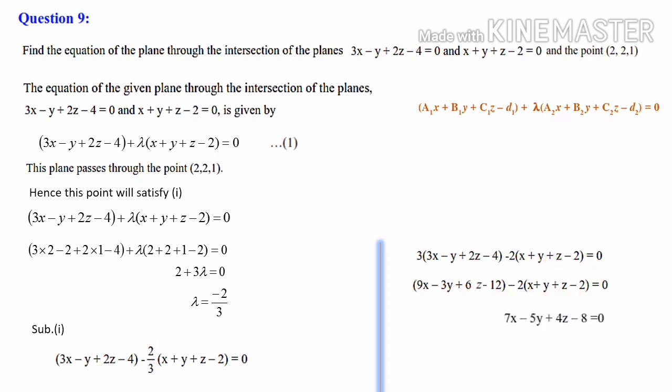Then simplify: 9x minus 2x is 7x, minus 3y minus 2y is minus 5y, 6z minus 2z is 4z, minus 12, minus into minus is plus 2, that is minus 8, equal to 0. So 7x minus 5y plus 4z minus 8 is equal to 0. This is the equation of the required plane.